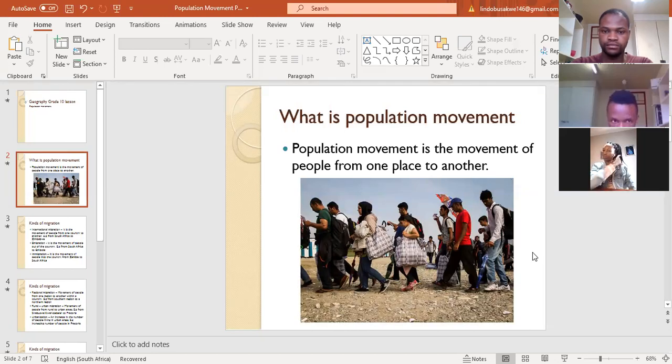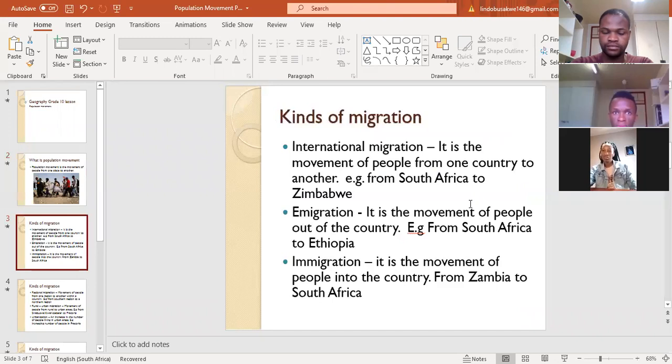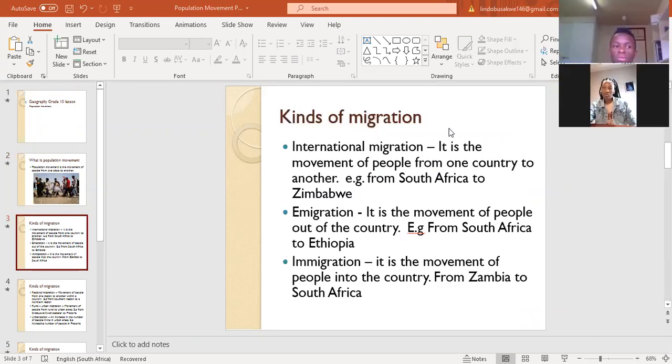Today we are going to look at the kinds of migration, and in our next lesson we will look at the factors that affect their movement.